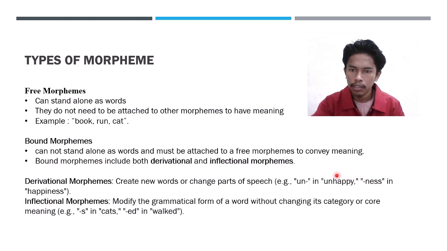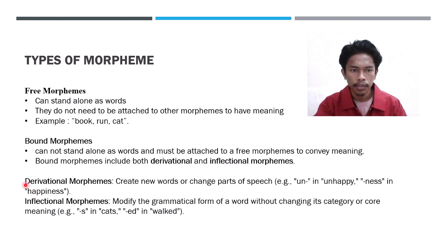Before, the root happy is actually an adjective, but when it's added to -ness, it becomes a noun, happiness, right? You got it right. Next, inflectional morphemes modify the grammatical form of a word without changing its category or core meaning.